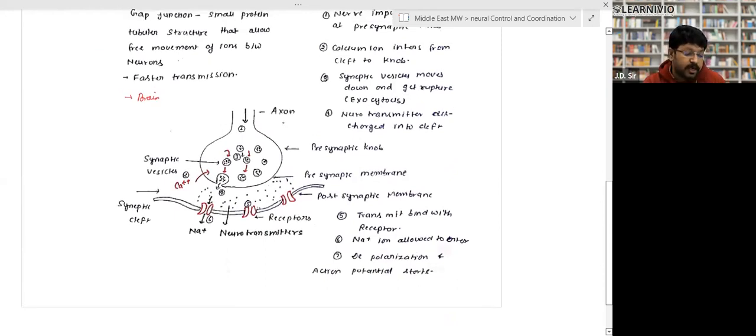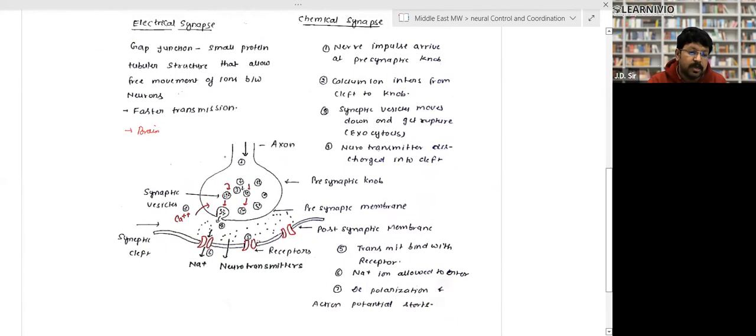This is the same as what we studied in our skeletal muscles part. Look, in the first point, the nerve impulse arrived at the presynaptic knob. When the nerve impulse arrives here, calcium ion enters from the cleft to the knob.